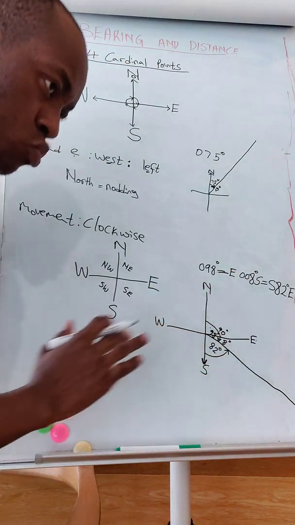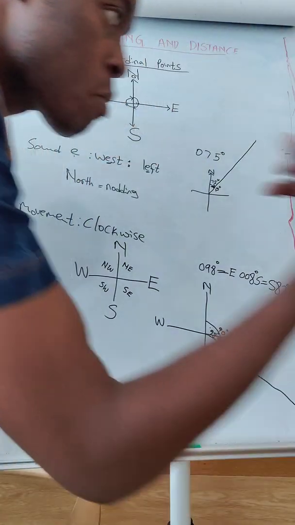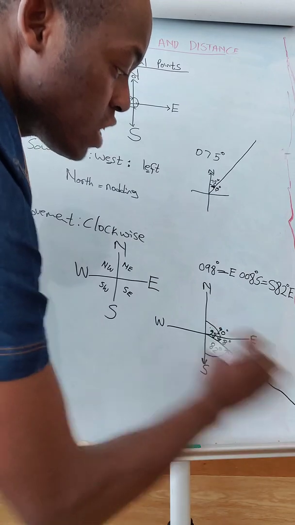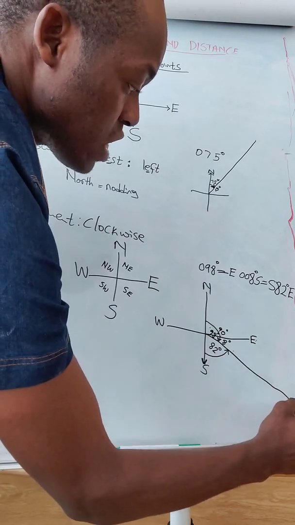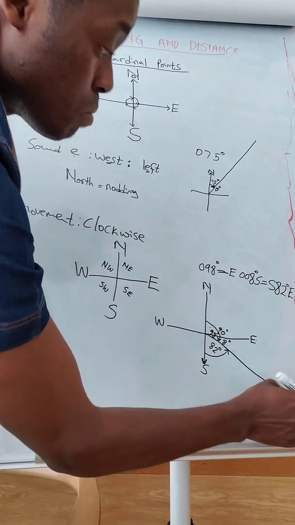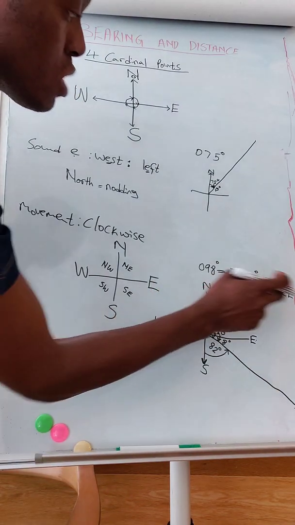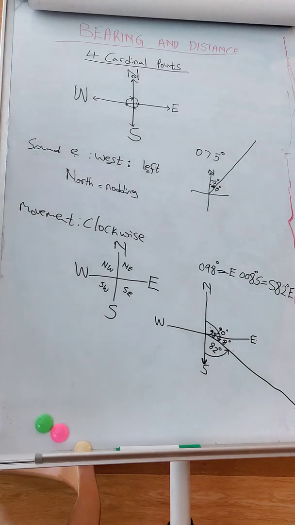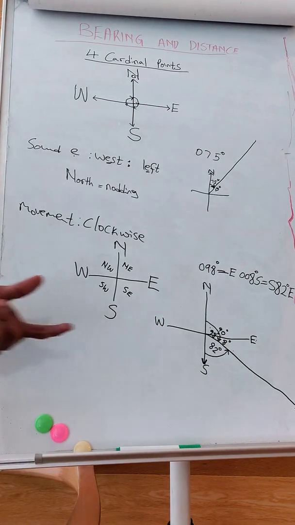You know, we are just trying to move forward and move backward, still on the same point. This line, if you want to get this line, you can draw it in these 3 ways. And this is still this, is still this. So that is just that regarding the 4 cardinal points.